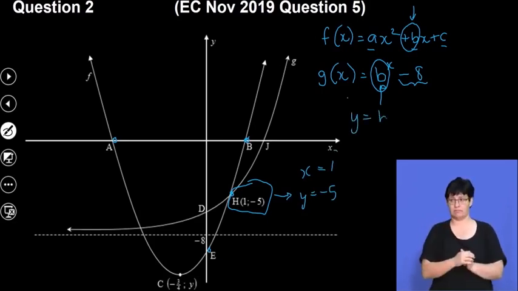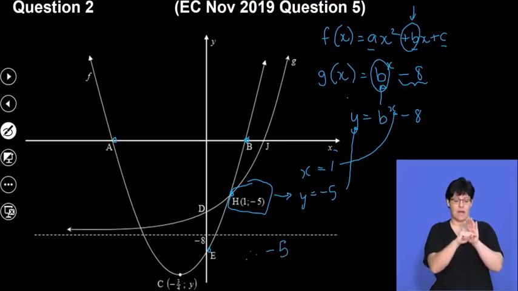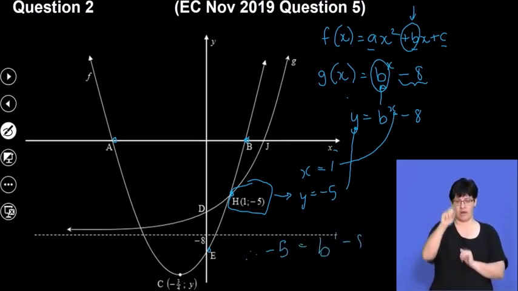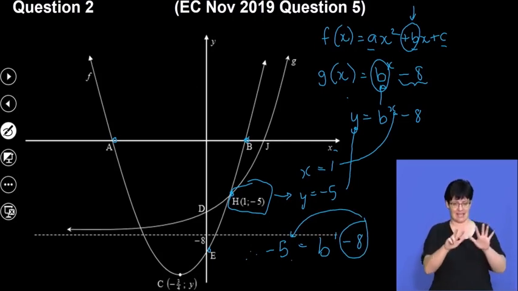So I can sub both of those values into this equation here. So if y is equal to b to the power of x minus 8, I'm going to sub the -5 into there, and I'm going to sub the 1 into there. So therefore, -5 is equal to b to the power of 1 minus 8. I'm going to take that over to there. So I've got -5 plus 8 gives me 3 is equal to b.